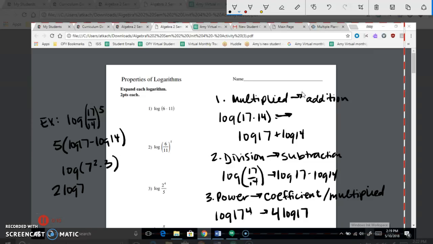The 2 was only attached to the 7 here, so it only goes in front of the log 7, and then plus log 3. So that's a difference. This 5 was to the power of this whole fraction. That's why the 5 came out in front of the whole thing right here. But in this case, the 2 was only attached to the 7, so it only goes in front of the log 7. So that is expanding.